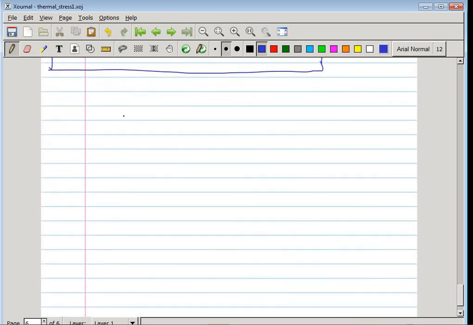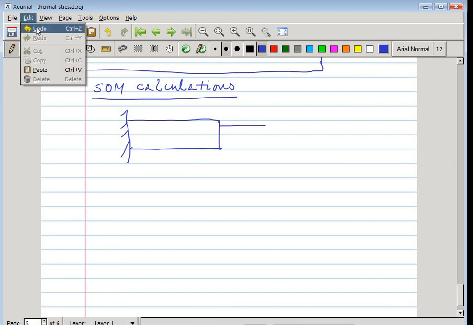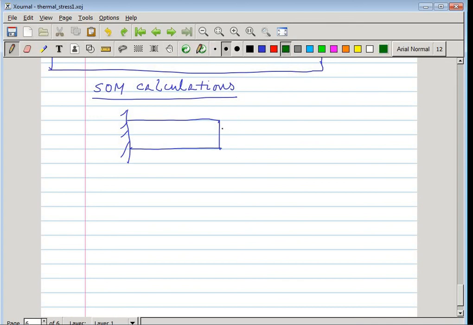Now strength of material calculations, if you do, suppose I draw it again. So I draw it with a separate color, the thick one and the thin one.